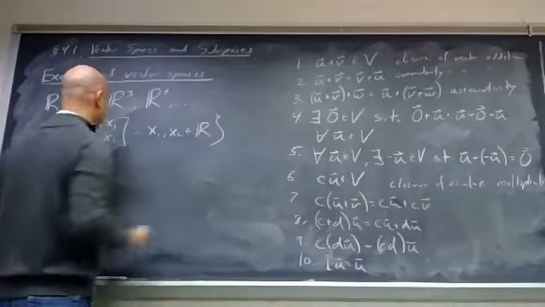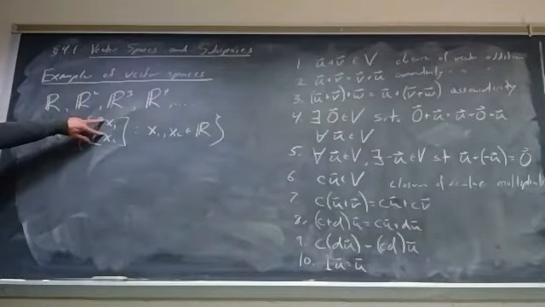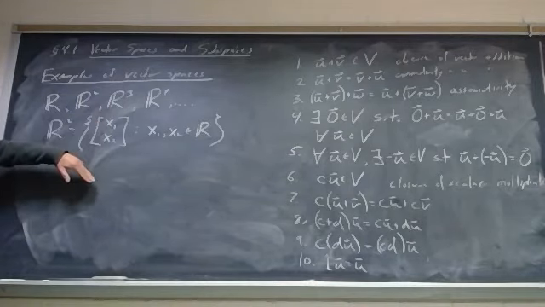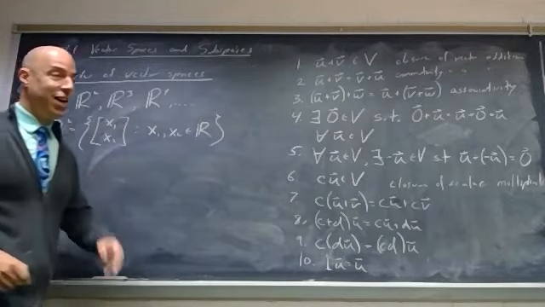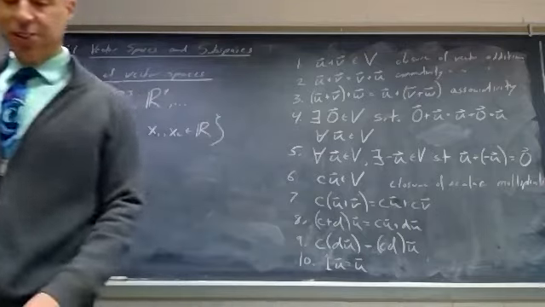It's all the vectors which have just 2 entries in them. R3 would be all the vectors which have 3 entries in them, and so on. R4 would be all the vectors with 4 entries in them. R1 would be just the vectors with 1 entry in them, and so on. These are all the vector spaces we've talked about so far, but they're not the only ones.